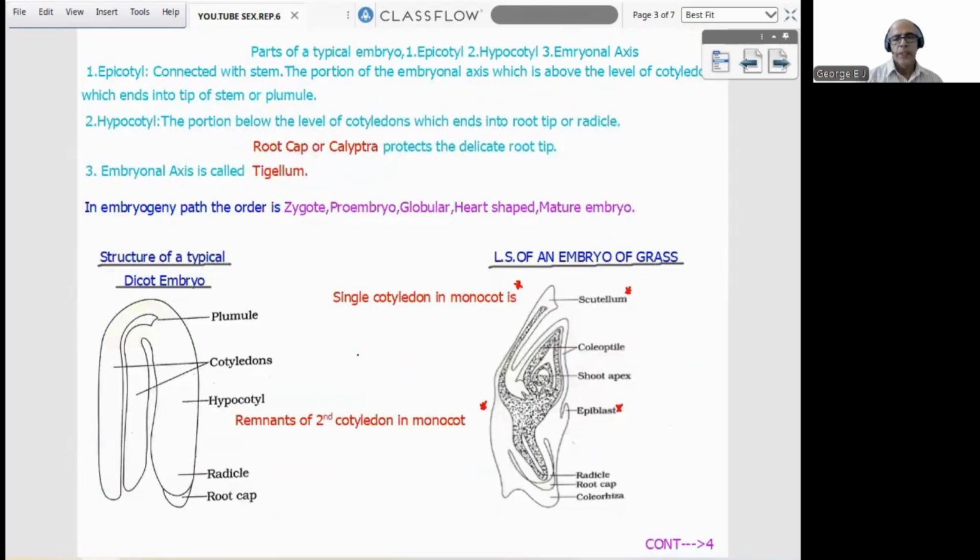Yes. Now when we analyze parts of a typical embryo, three areas we can find: epicotyl, hypocotyl, embryonal axis. These are the three areas.